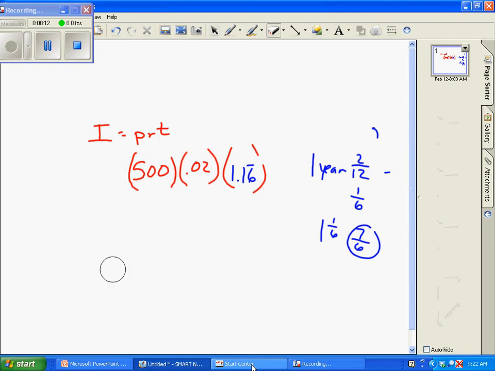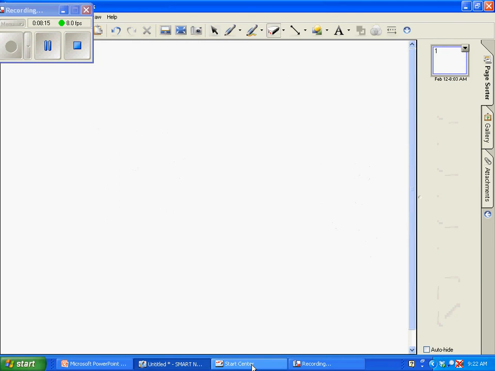let's get rid of this one, and I'm going to do one with the rate. Okay, so let me do the third one. It tells you that the balance is 3742.50, and it tells you that the P is equal to 3,000, and it tells you the time is 45 months.